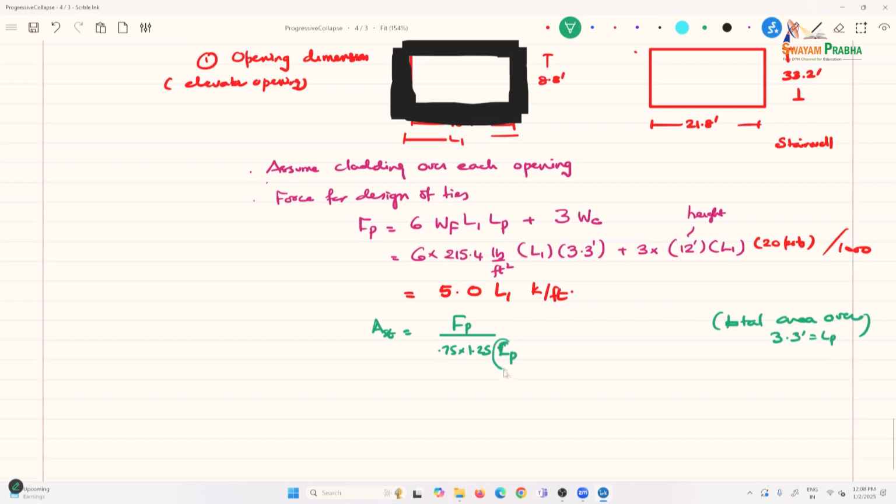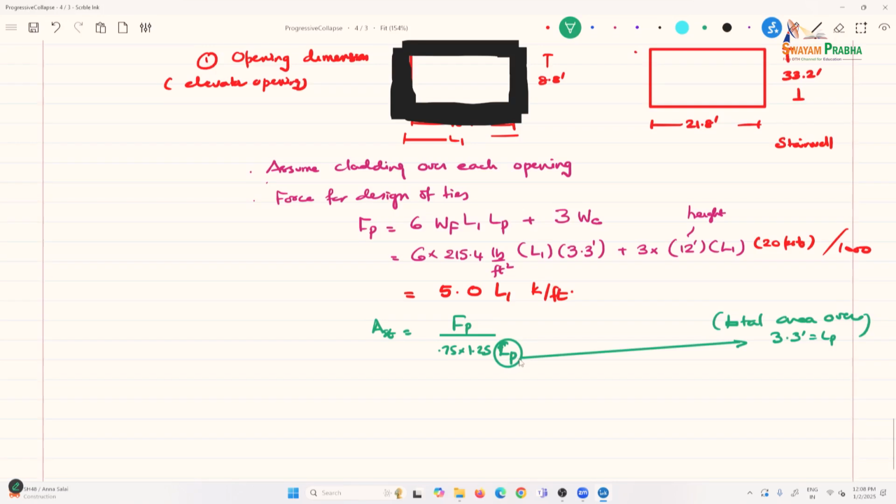That's why we include it here. So this is in kips per foot, and we need kips per inch.